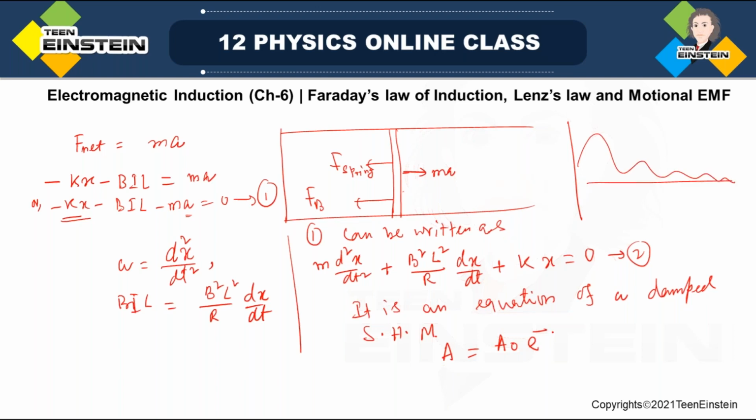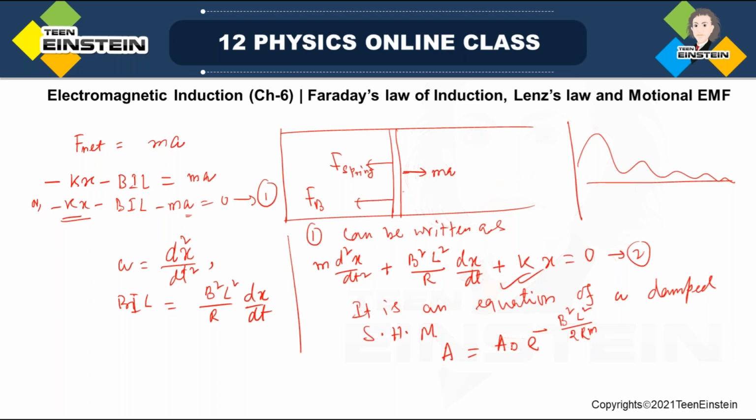So the amplitude can be written as A is equal to A0 e to the power minus B square L square by 2 into R into M. If you don't remember, please go and brush up the damped oscillation. From there we are writing this expression for the amplitude.